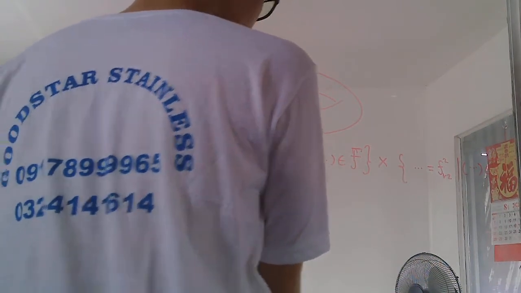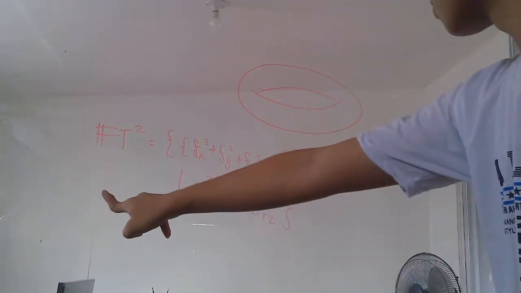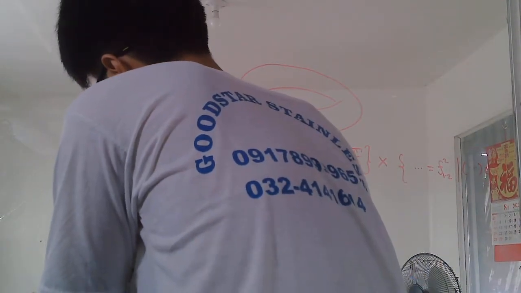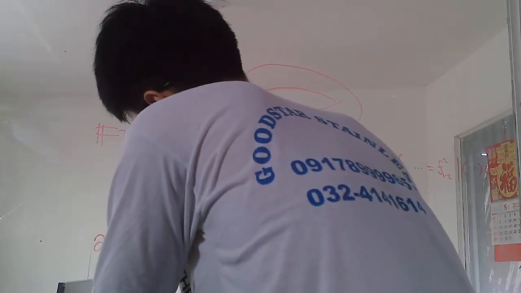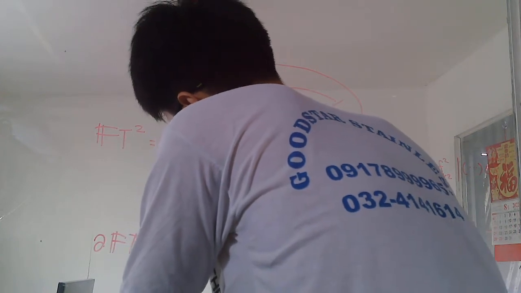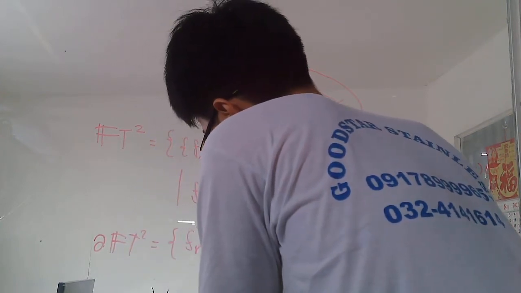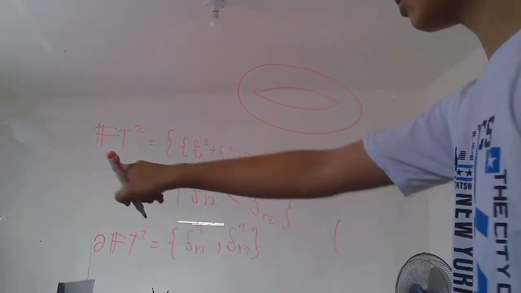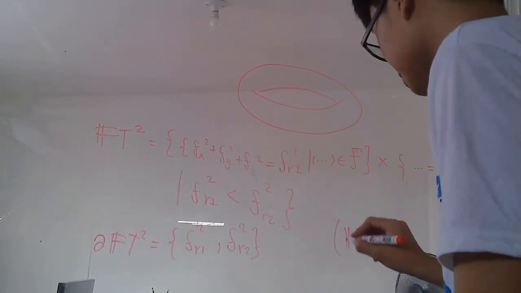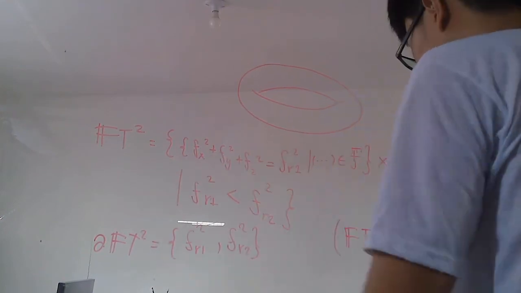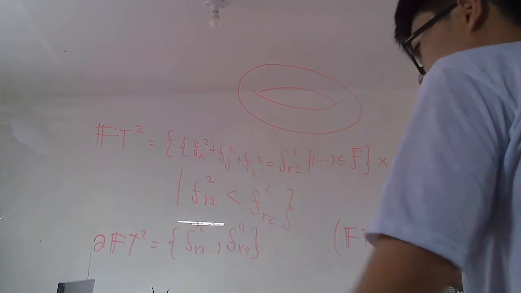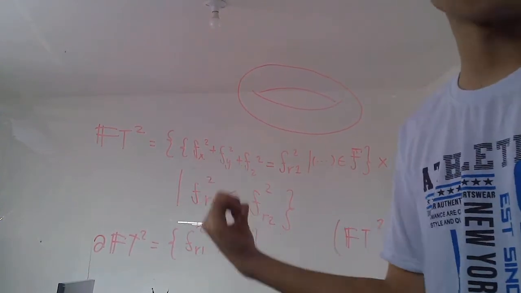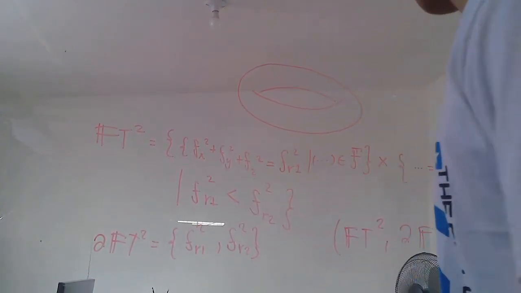Therefore, they're called the boundary. And so, we can say that del of FT2 is equal to FR1 squared and FR2 squared. And now we describe this manifold as FT2 equipped with partial FT2. That's the full description of our manifold.